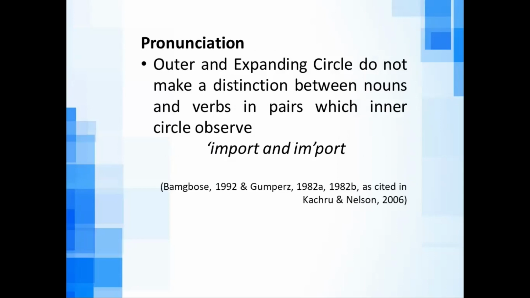For example, import and import. These are words that are spelled similarly, but when stress changes, the meaning also changes. For example, when we say import, it is a noun.